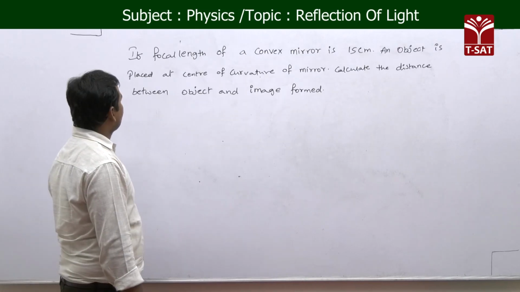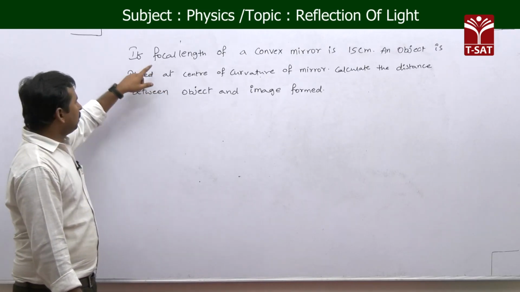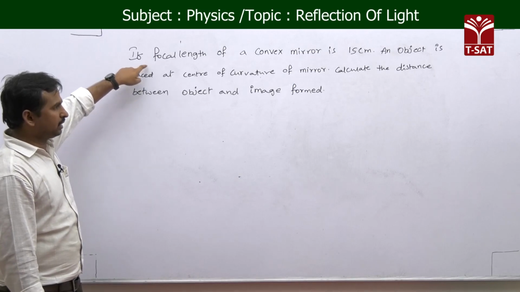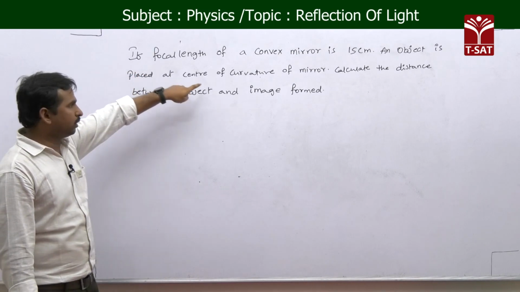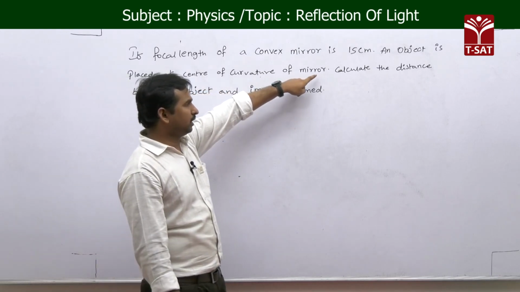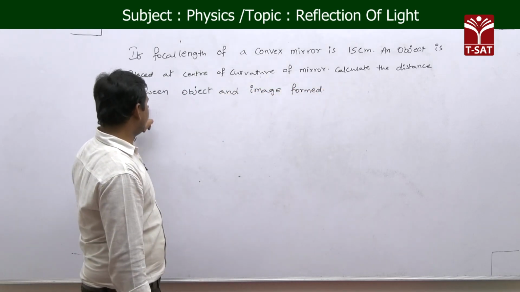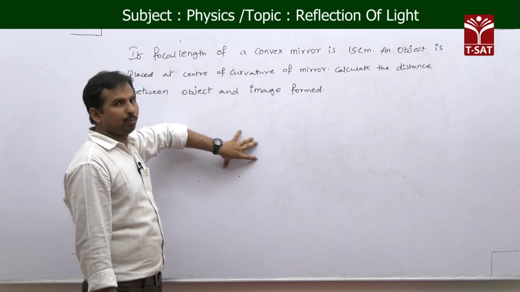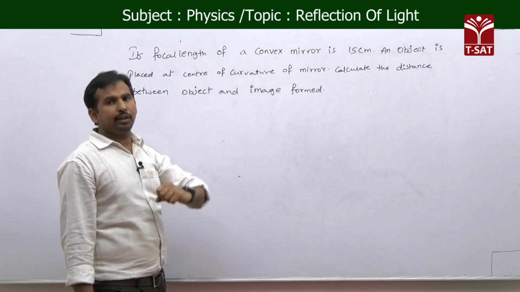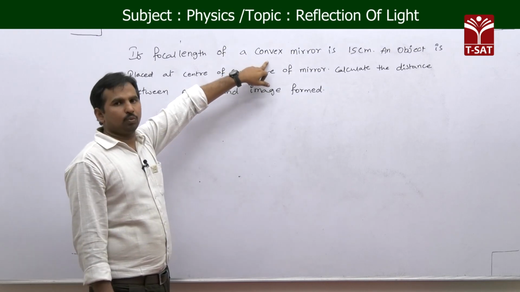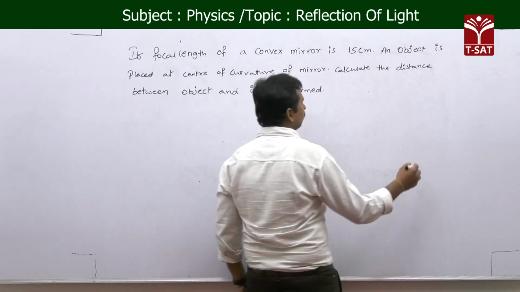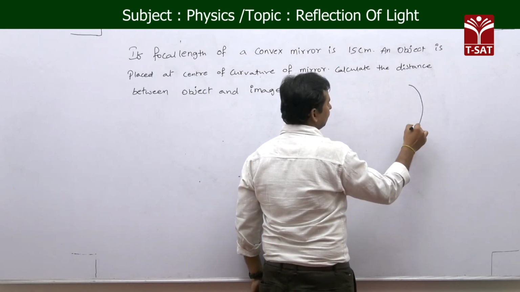Now see another problem. Here it is given that the focal length of a convex mirror is 15 centimeters, and an object is placed at the center of curvature of the mirror. Calculate the distance between the object and the image formed. Before starting the problem, we already know that a convex mirror forms a virtual image, and a virtual image means the image is formed behind the mirror.